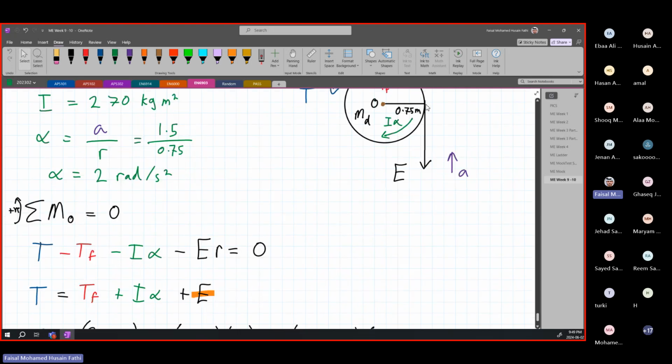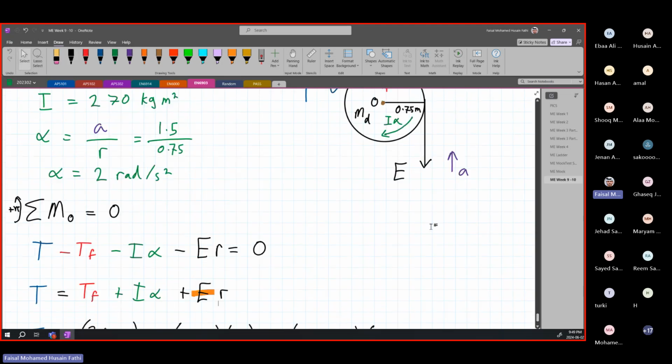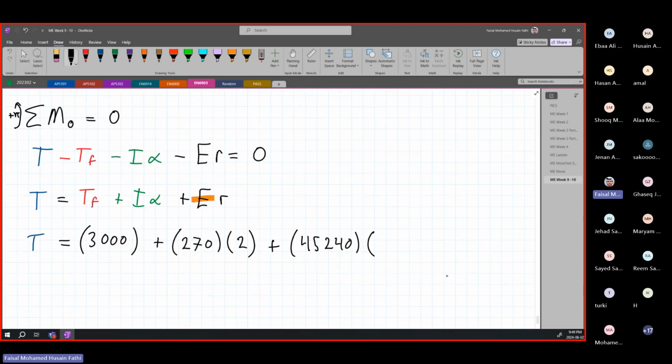The force times the perpendicular radius. So this is E times R. So 45,240 times the radius, which is 0.75.